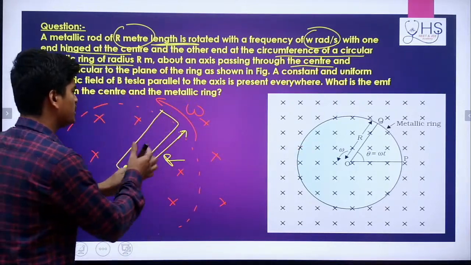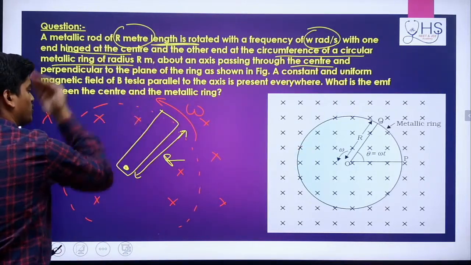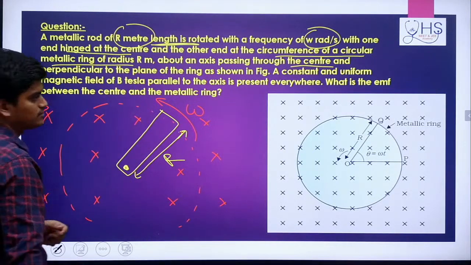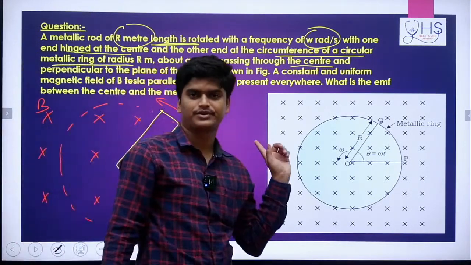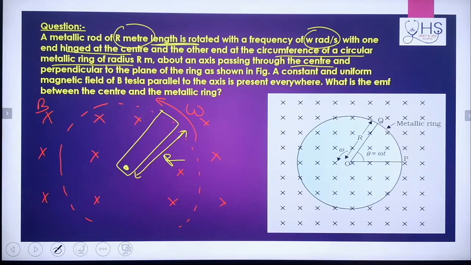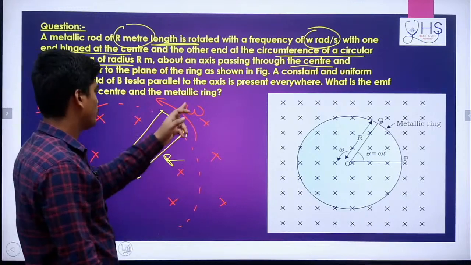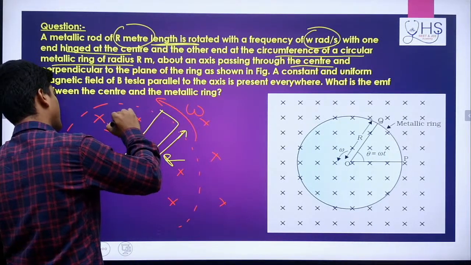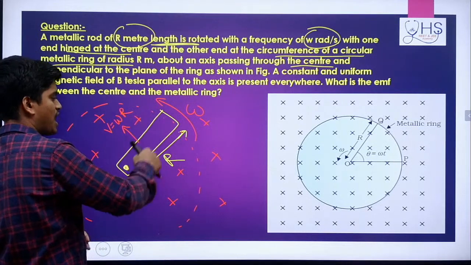A conductor is rotating like this in a uniform magnetic field B, radius is R. Now what is your induced EMF here? That is basically called rotational EMF. If rotation is happening, an EMF is induced. So you can write down the question along with the picture. Here is omega, and this movement has velocity V, which is omega into R if I consider the total radius.